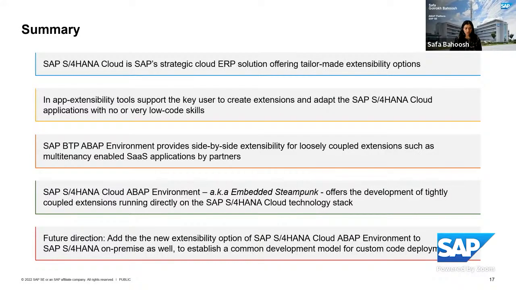So basically more decoupled scenarios, and we now have the embedded steampunk from the new release offering in S/4HANA Cloud. So it's possible for developers to create upgrade-stable extensions within the system, which will then, on a feature basis, also be available for the S/4HANA on-premise solution in future, which means then in the end we have a complete whole picture.